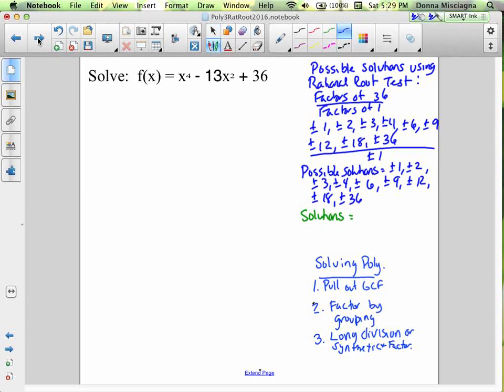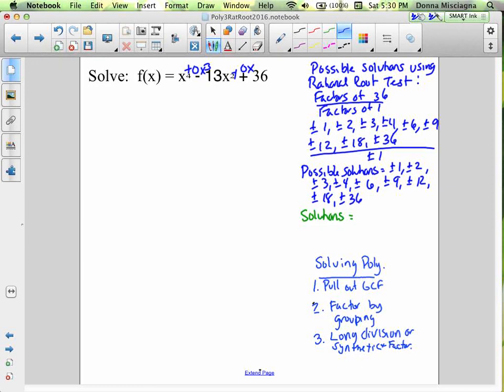We want to solve f of x equals x to the 4th minus 13x squared plus 36. We see we're missing an x cubed and missing an x. Right? So we're going to take the factors of our constant, which is 36, and divide that by the factors of our leading coefficient. Well, we got a few factors here, because 36 has a bunch of factors.